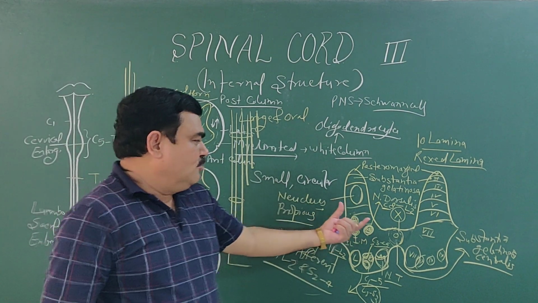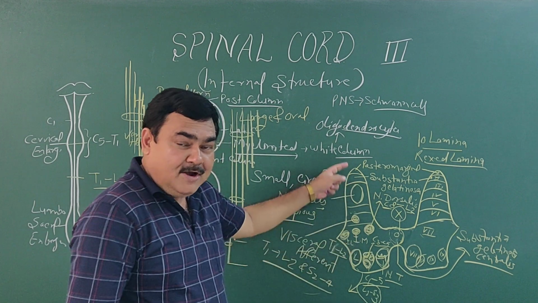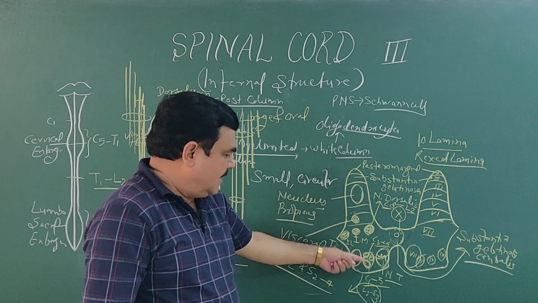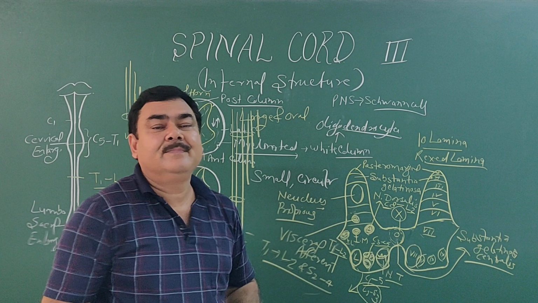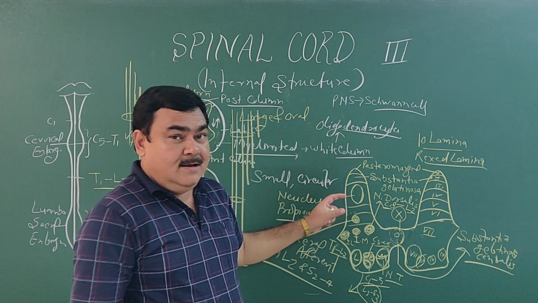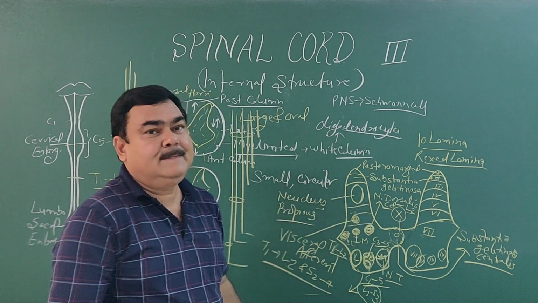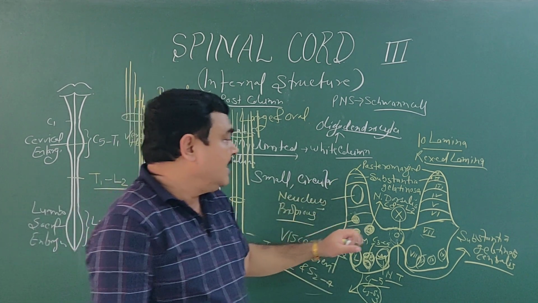So these are two patterns. Here you have seen the nuclei from posterior to anterior side. In grey matter, nuclei are arranged like this, and you have seen their functions.